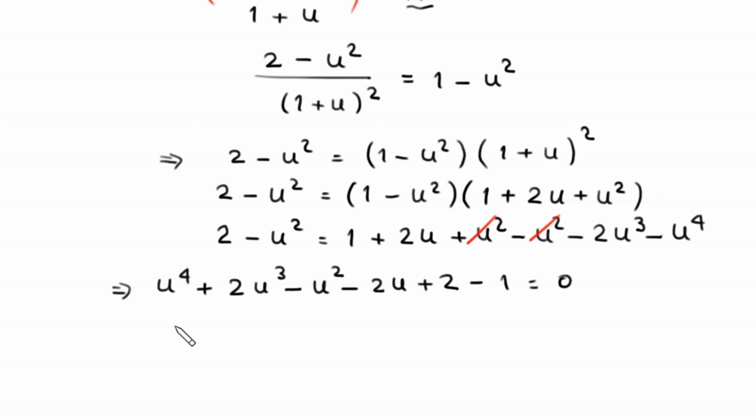Further simplified, this becomes u to the power 4 plus 2u cubed minus u squared minus 2u plus 1 equals 0.